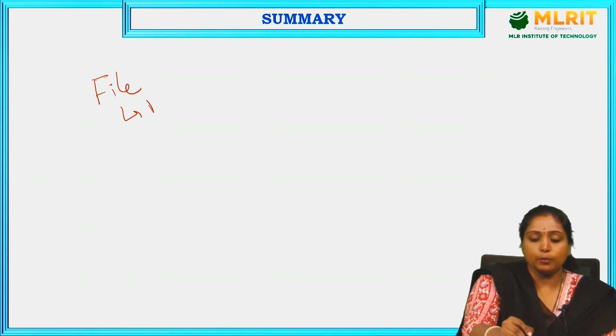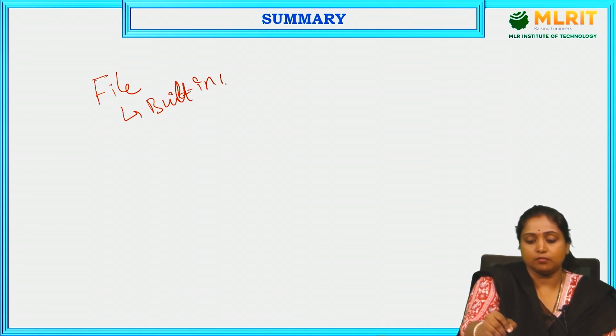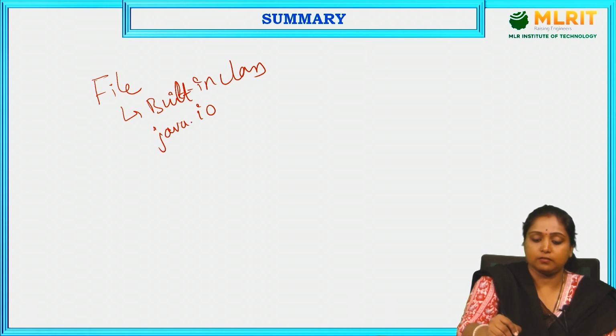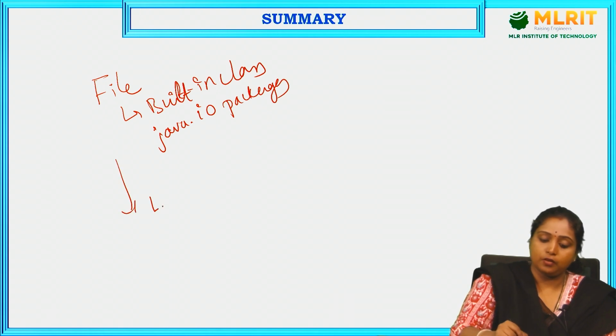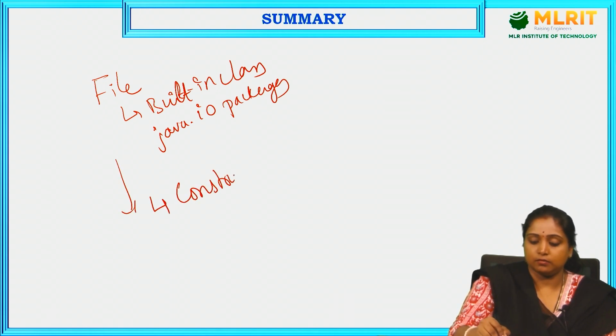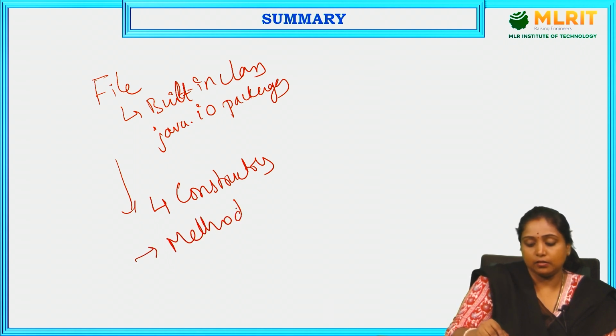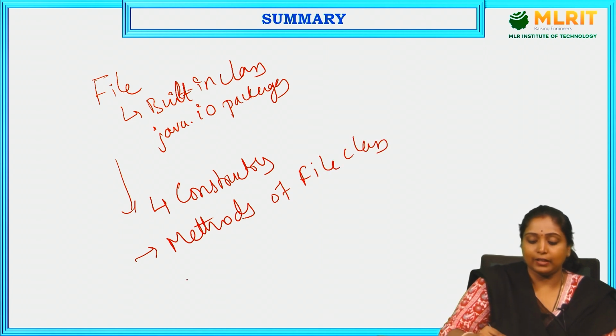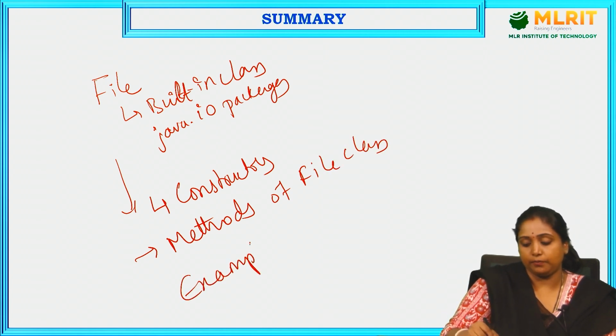File is a built-in class which is defined in the java.io package and which consists of 4 constructors, and we have seen the methods of the File class, and we have seen an example program. So, thank you all.